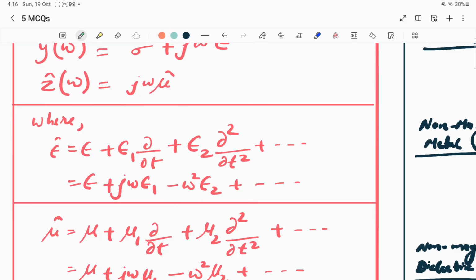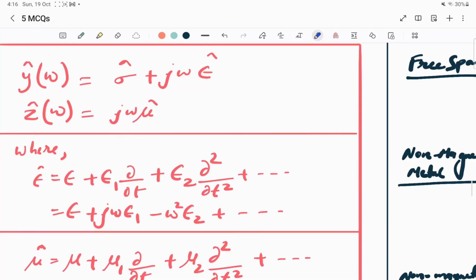Why is this happening? The reason is what we saw in question number 3, where we saw that bound charges were present in the dielectric material. Usually the electric field does not always move in a straight line.